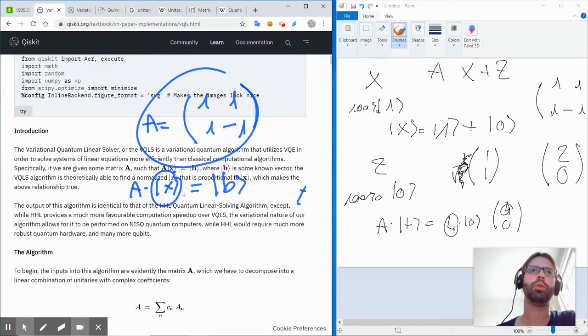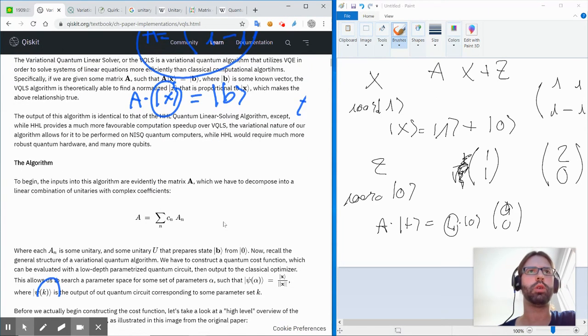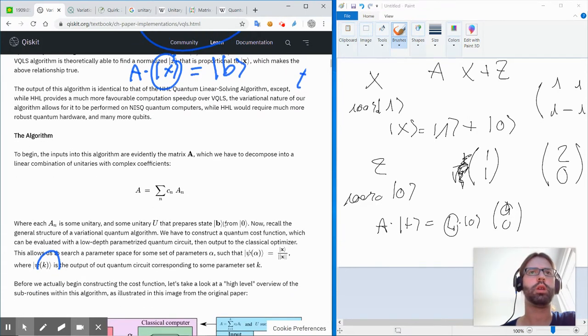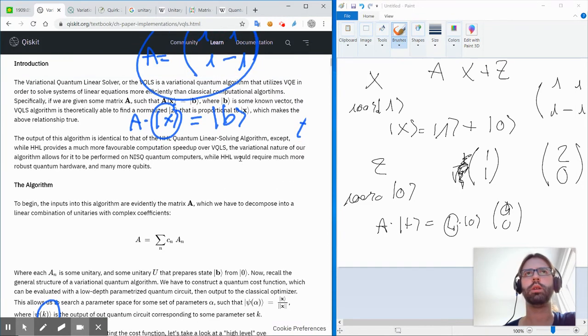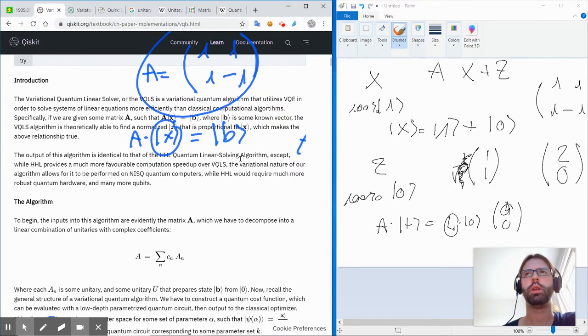What do I do with those coefficients? Because I can't just prepare B like that, right? And X should be normalized.